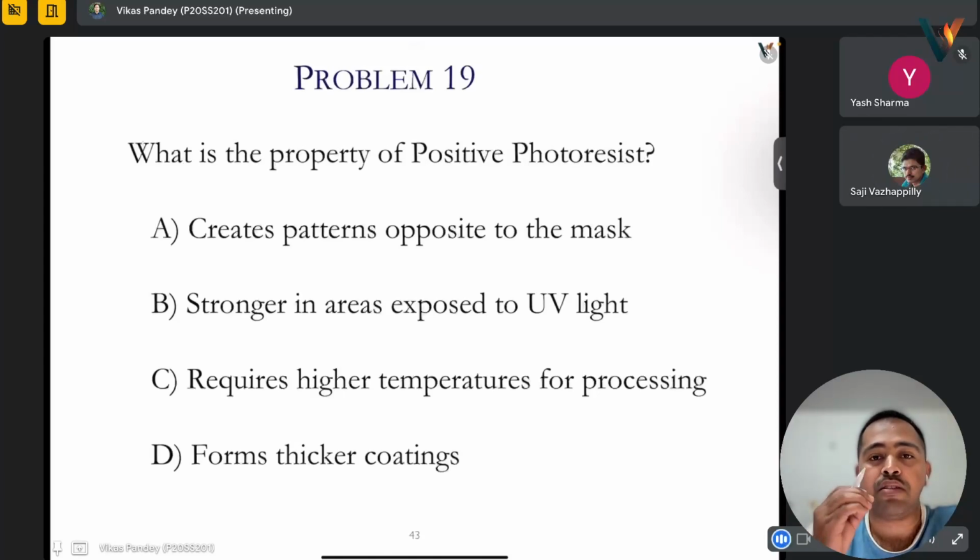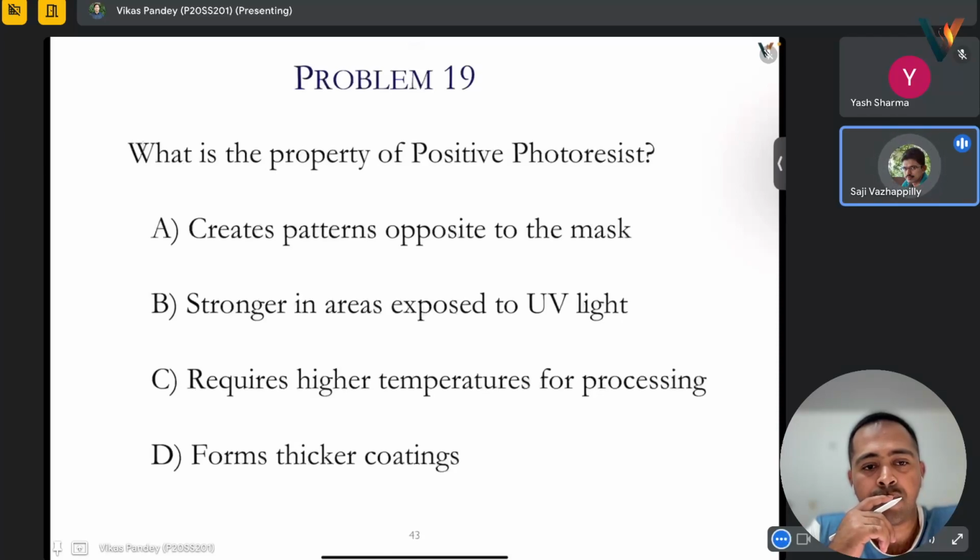It creates patterns opposite to the mask, stronger in areas exposed to UV light, requires higher temperature for processing, or forms thicker coatings. Creates patterns opposite to the mask.